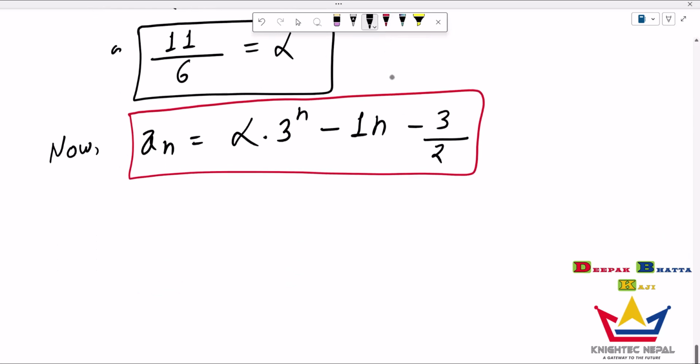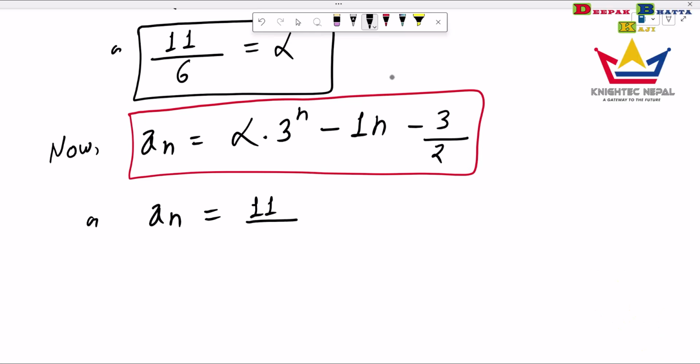So an equals alpha value, that is 11 divided by 6 into 3 power n minus 1n, you can write 1 as well, minus 3 divided by 2.